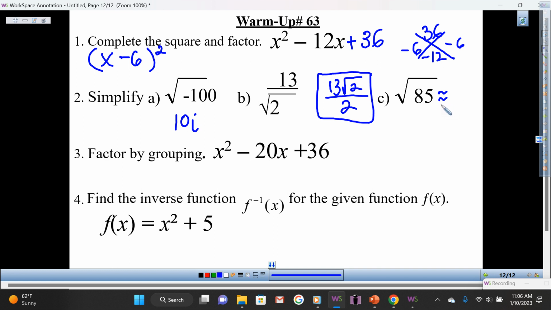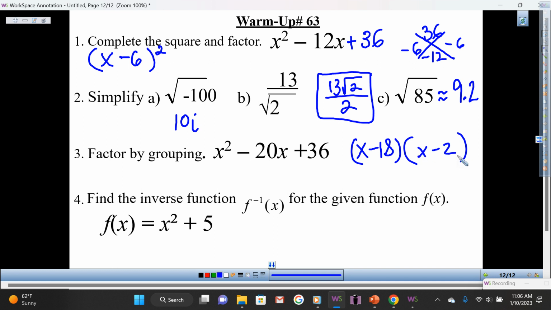Diego. That is correct. Hands if you got that. Let's go. Pass the one, Diego. Factors that one. Jaden. X minus 18 and x minus 2.